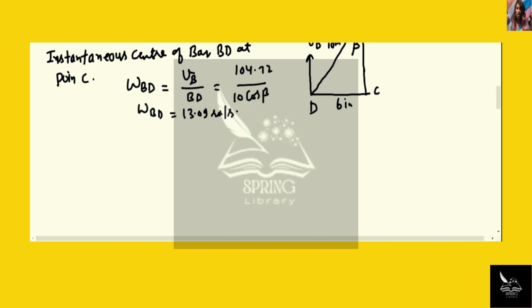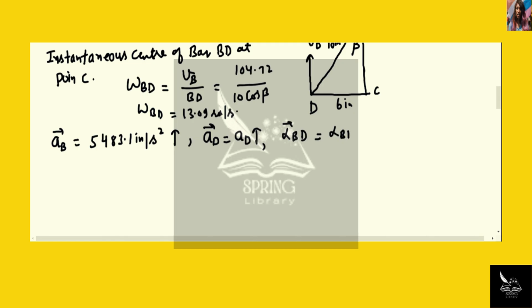Now the acceleration of B, you may see in the figure, can be written as 5483.1 inch per second square in this direction, along this direction. Alpha BD is in the counterclockwise direction.